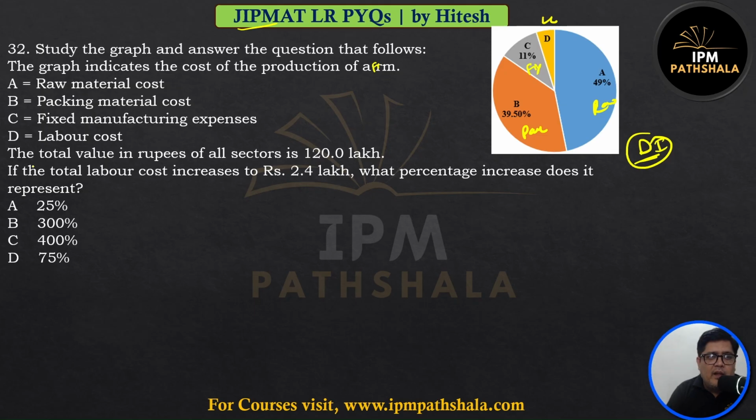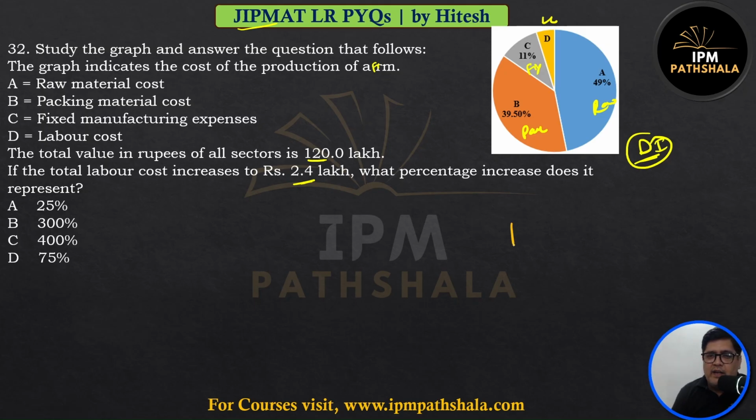All right. The total value in rupees for all sectors is 120 lakhs. If total labor cost increases to 2.4 lakhs, what percentage increase does it represent? First of all, we need to know what the labor cost is today, and if it becomes 2.4 lakh, what is the percentage growth? See, what do we have here?